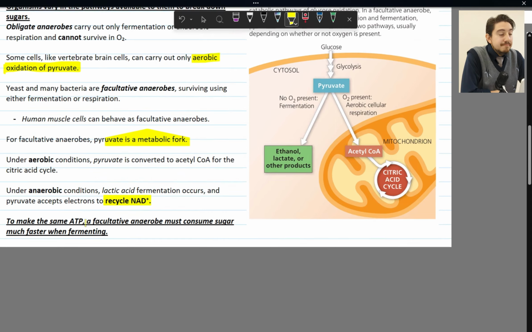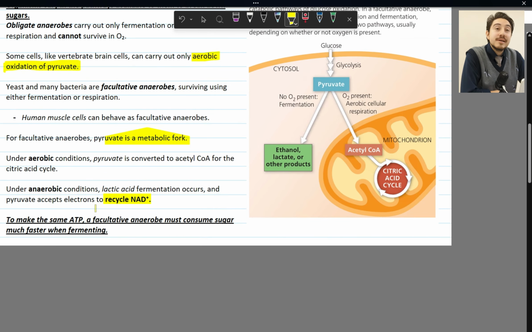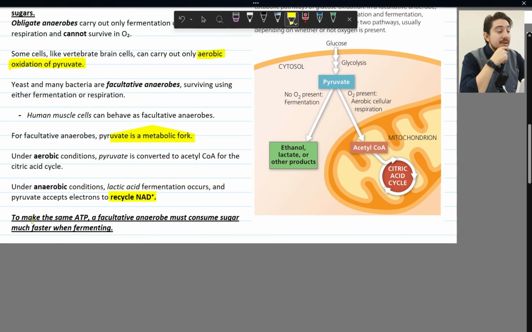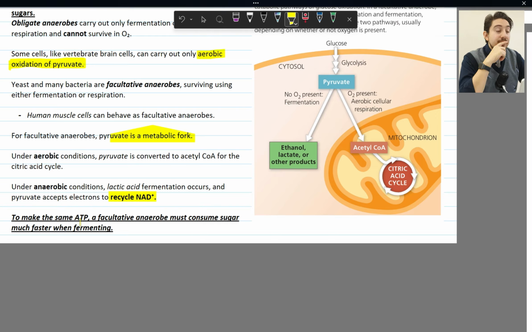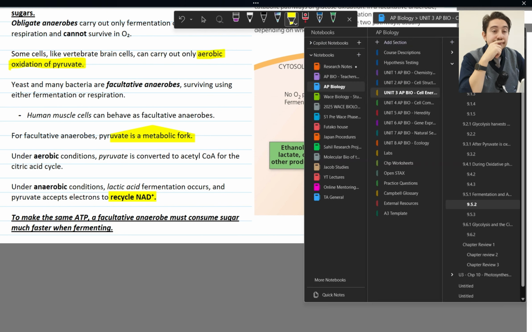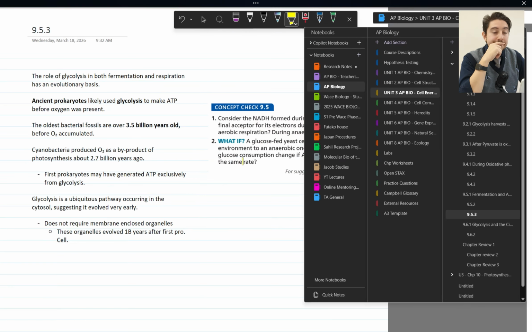Okay? Ultimately, what's important is that you recycle that NAD plus. Okay? To make the same ATP, this is a good thing to point out, a facultative anaerobe must consume sugar much faster when fermenting. Of course, you're producing so little, so in order to get that same yield, you're going to have to be breaking down sugar at a higher rate. Okay?